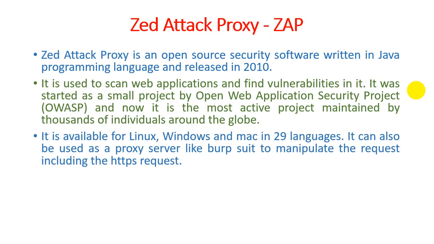It is available for Linux, Windows and Mac in 29 languages, because, as we noted at first, it is developed on the Java platform. That's why it works on all the platforms available nowadays. It can also be used as a proxy server, like Burp Suite, to manipulate requests, including HTTP requests.